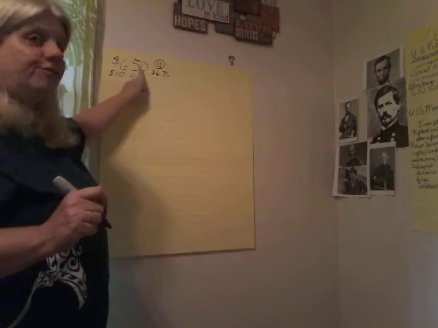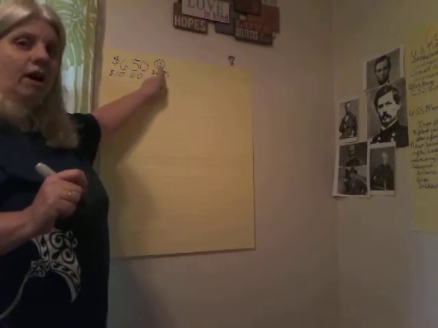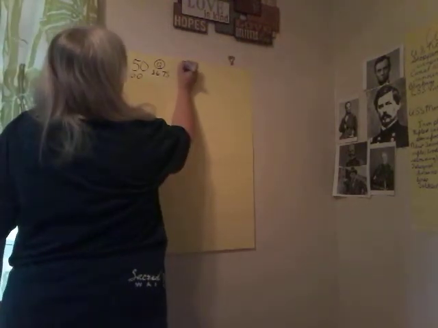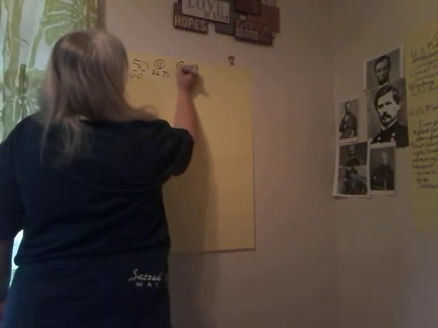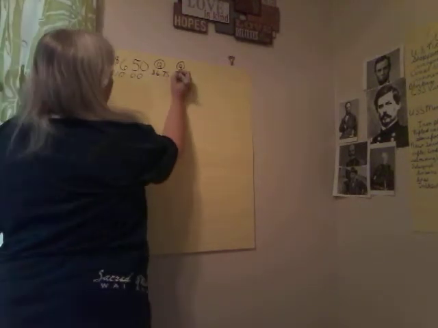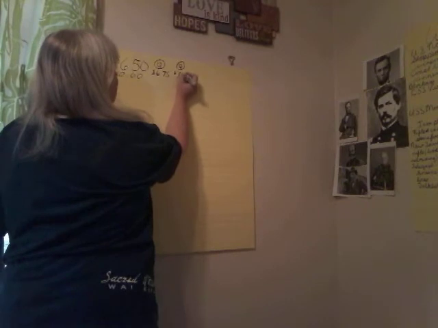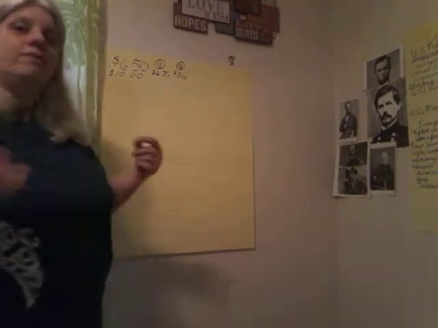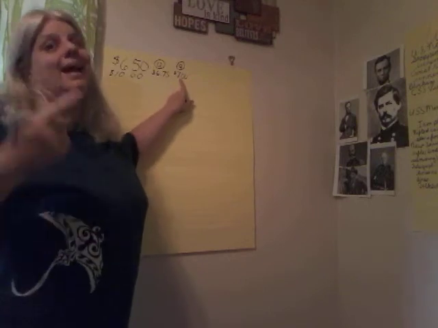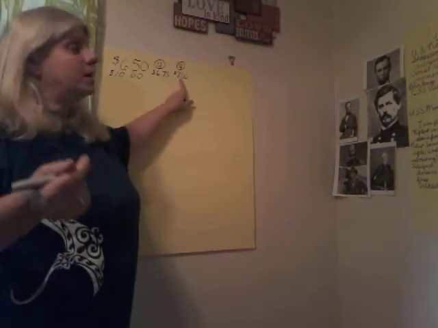So if I count 50, 75, I'm at $6.75. So now I need another quarter, okay? Because if I add another quarter to the $6.75, I will have $7. And I've reached my first goal, which was to get rid of the cents. No more cents. Now I can just give back dollar bills.